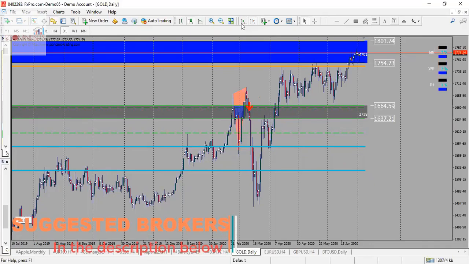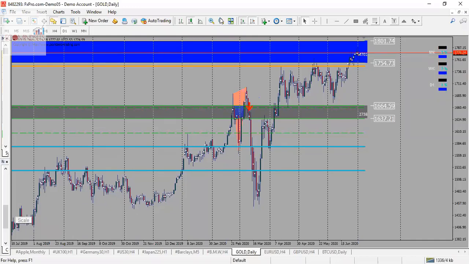But right now, where we are for gold, you can't be looking to buy gold. Always combine at least 3 time frames for your analysis, or you add another one to make 4 time frames.